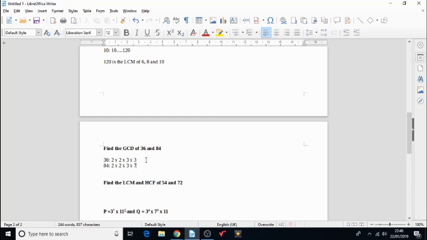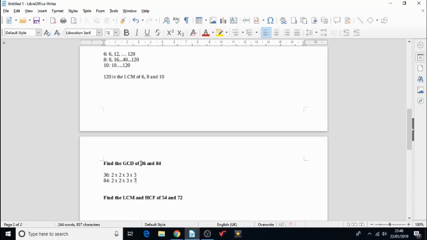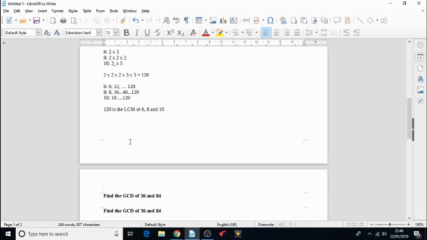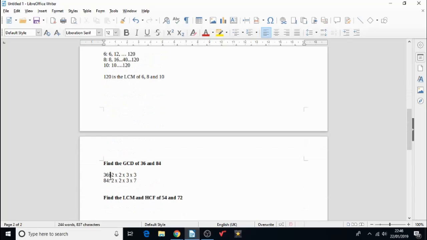Therefore, to work out the greatest common divisor, if you've seen the previous steps, we just need to find where it's common in both of these. So as you can see, there are 2 2's. 2 multiplied by 2 is in 36, but 2 multiplied by 2 is also in 84. 36 also has a multiplied by 3, but it has it 2 times, whereas 84 has a multiplied by 3 1 time.